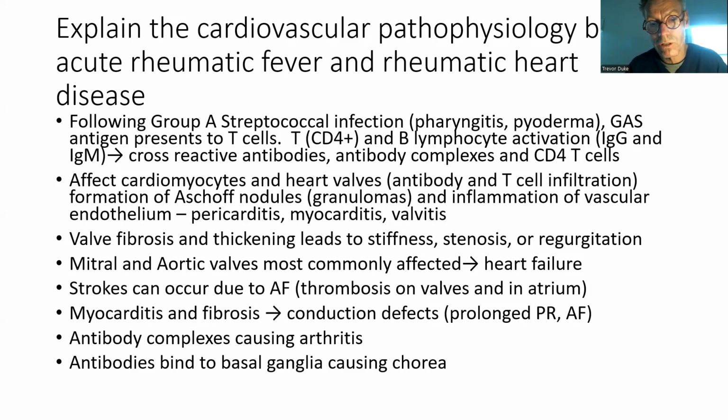And the antibodies also bind to the basal ganglia, and you get inflammation within the basal ganglia causing chorea. That's the basis for Sydenham's chorea. So that's the immunopathology of acute rheumatic fever and rheumatic heart disease, and it's certainly worth knowing that.